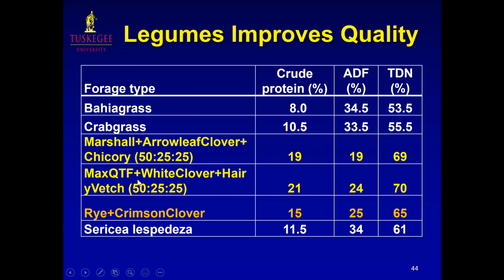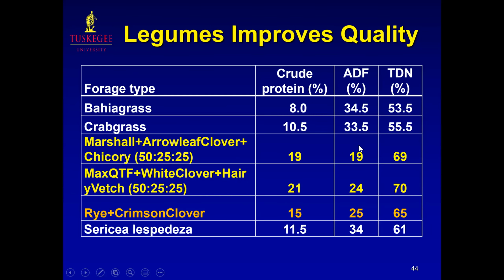And this combination, Max Q, Flex Q, white clover, and hairy vetch, and this is the ratio of these three forages, and crude protein 21%, and rye plus crimson clover 15%.